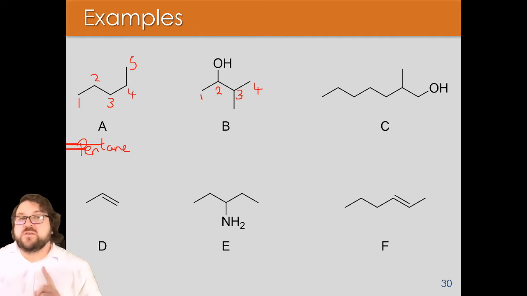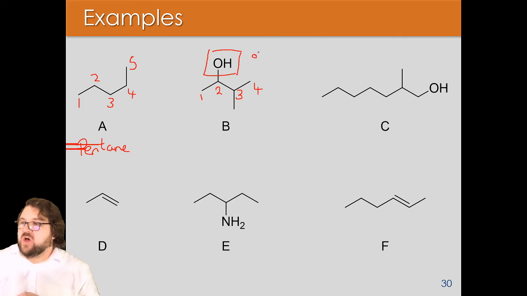But we know that the suffix is going to be ol because I have an OH. So OH is ol. I've also got a methyl group here. So if we've got a methyl group there and it's an ol, then this must be 2-methyl butan-2-ol. So hopefully that makes sense.